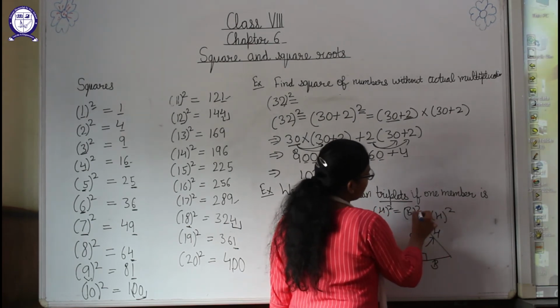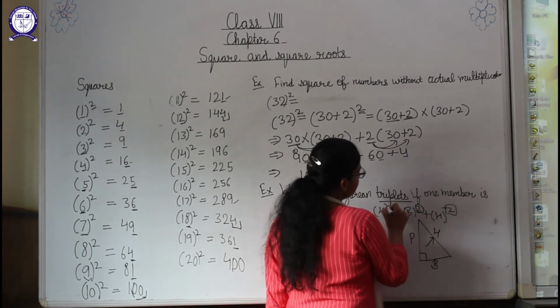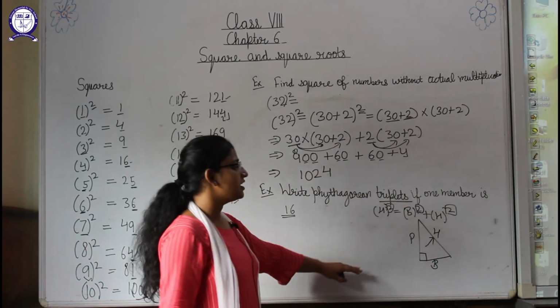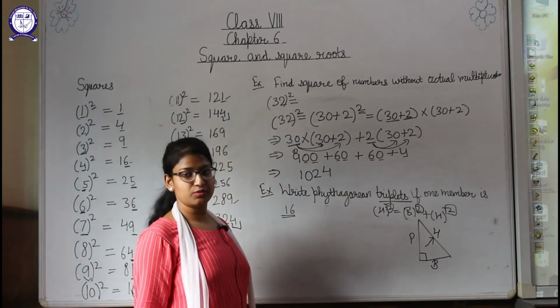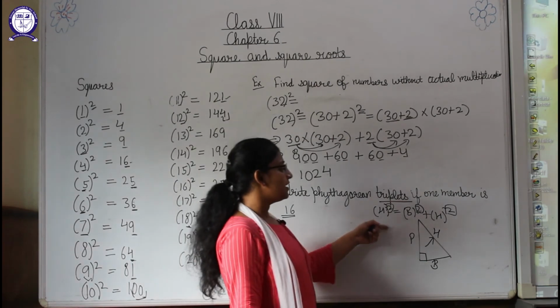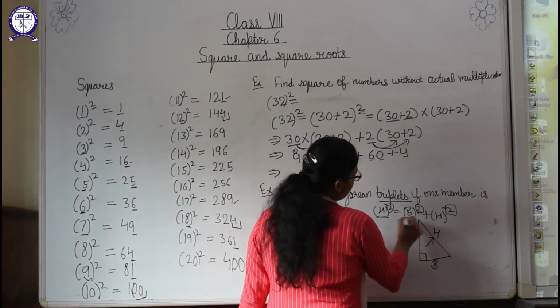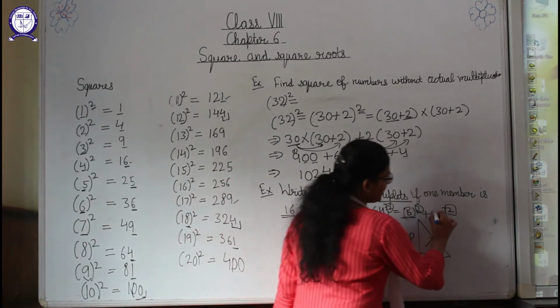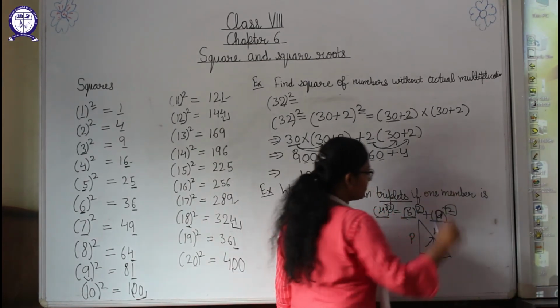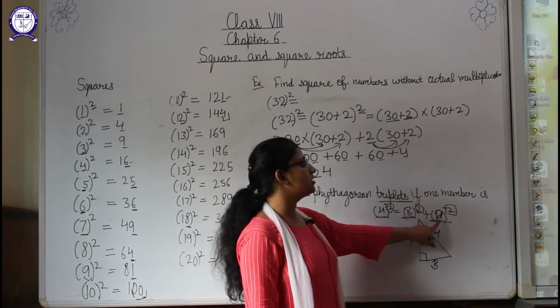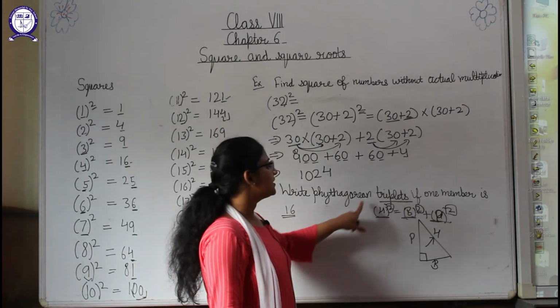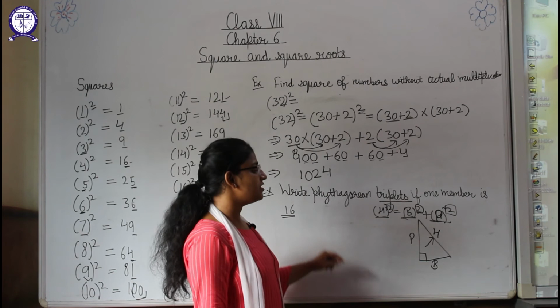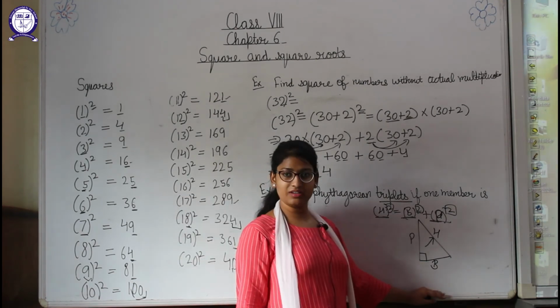So as squares are including here, so we are studying about this in our chapter of squares. Okay, so here these three are the terms: hypotenuse, base and perpendicular. Okay, so these three are Pythagorean triplets. Okay, means Pythagorean triplets are those by which we can form a right angle triangle.